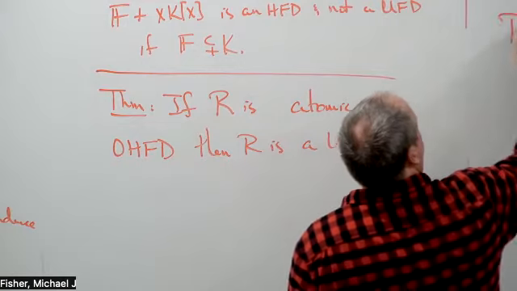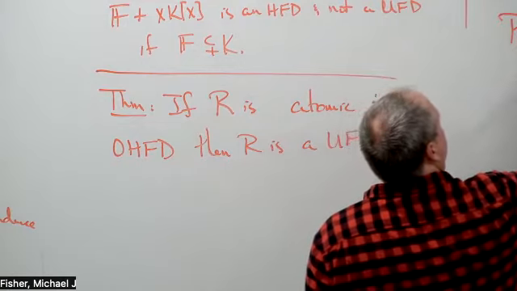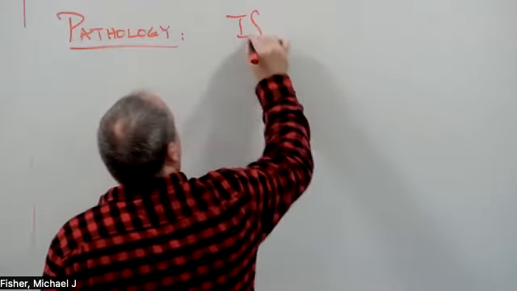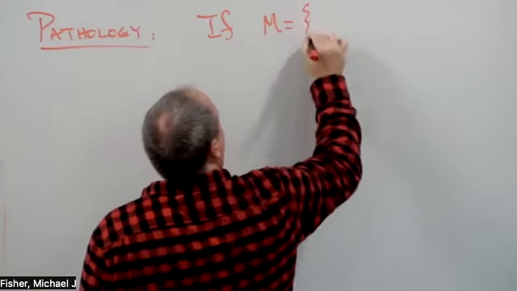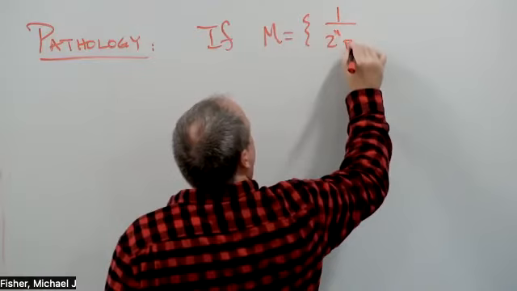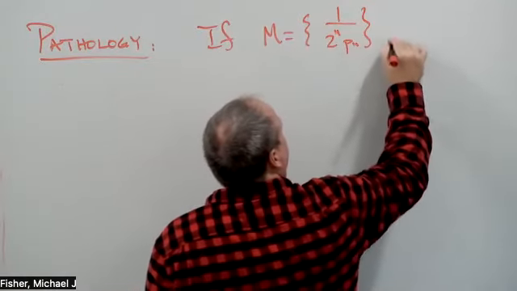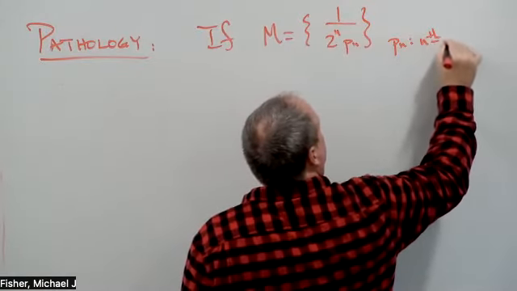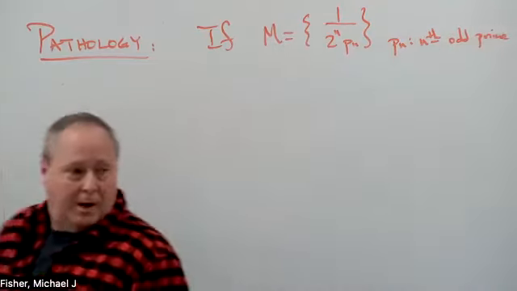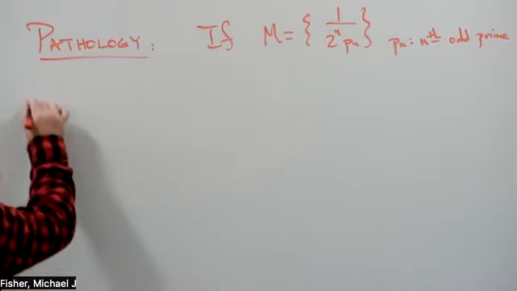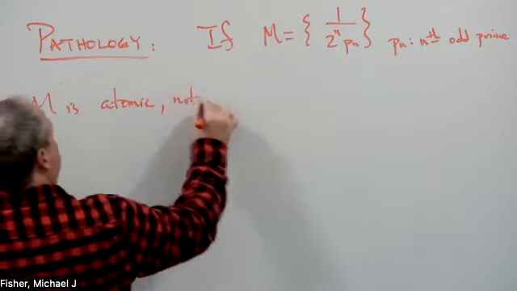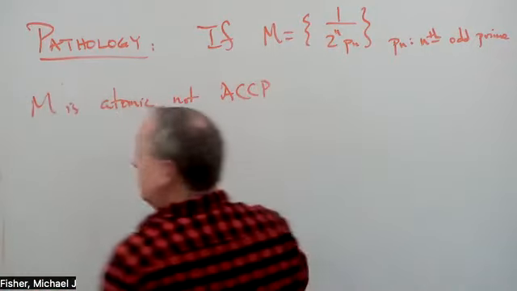Here is another pathology. If you look at this monoid here, M is atomic, not ACCP.